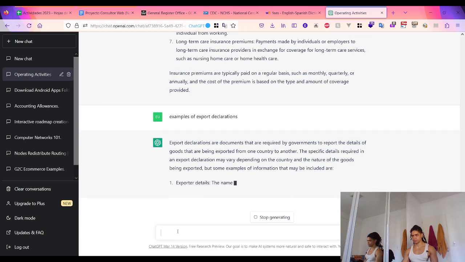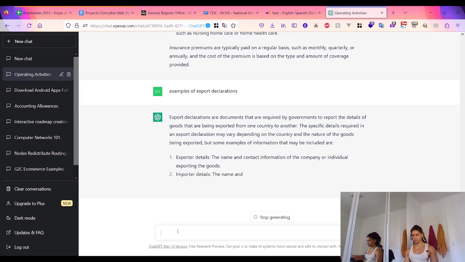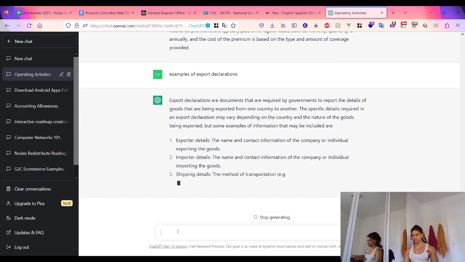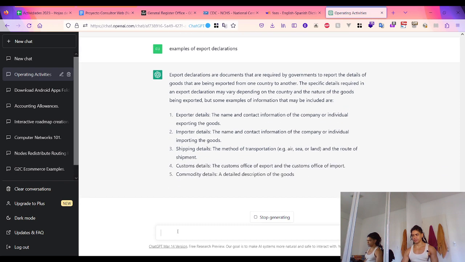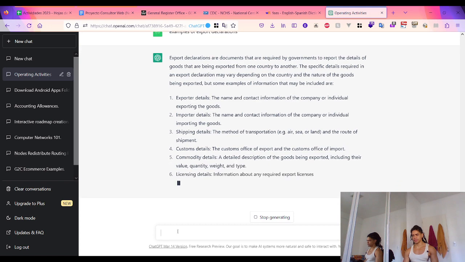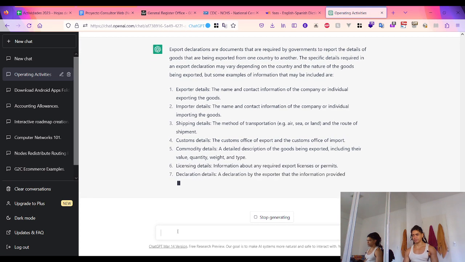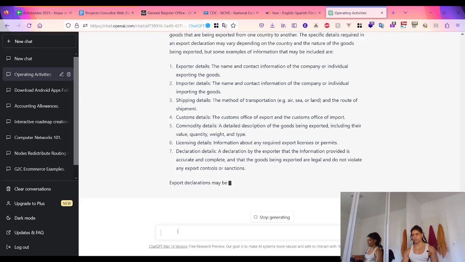Export details, import details, shipping details, customs details, commodity details, licensing details, declaration details.